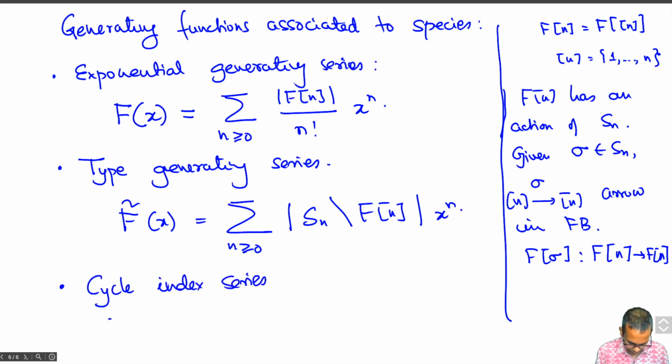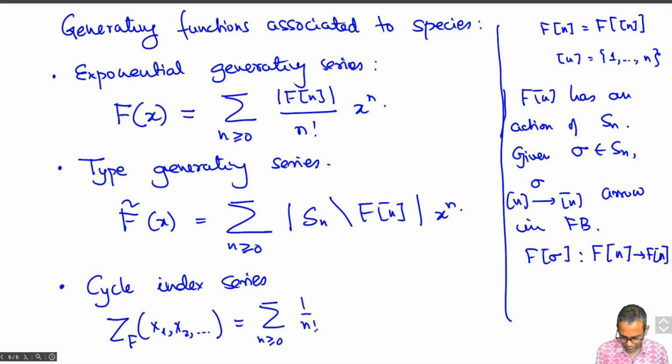And this is given by Z_F, a series in infinitely many variables which we call x1, x2, and so on. It's the summation over n greater than or equal to 0 of 1 over n factorial, sum over sigma in Sn. Now let's take F of n. This has an action of Sn.